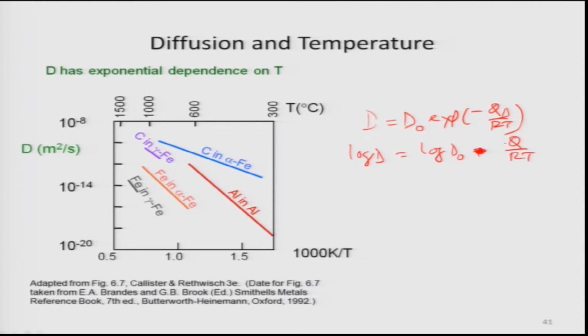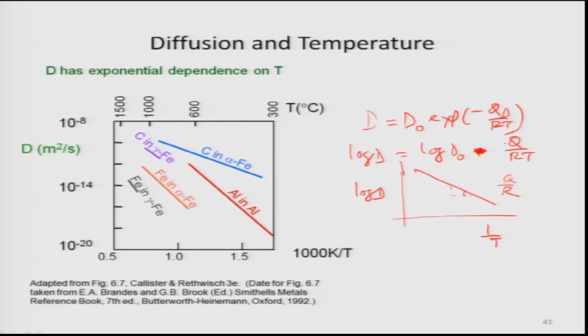Now I can make a plot of log of D versus 1 by T. What I should get is a straight line with a negative slope, where the slope is basically Q by R, and the intercept is log of D0. This is the straight line equation y equals mx plus c.